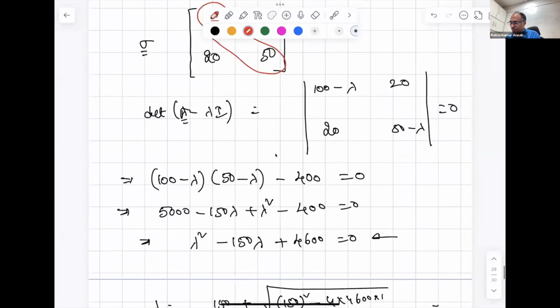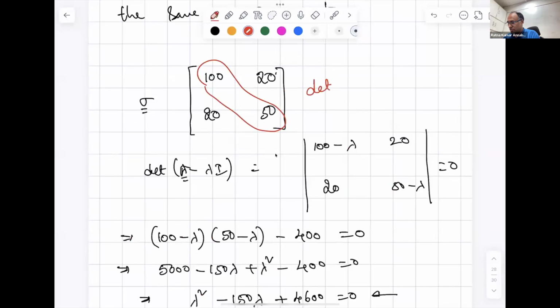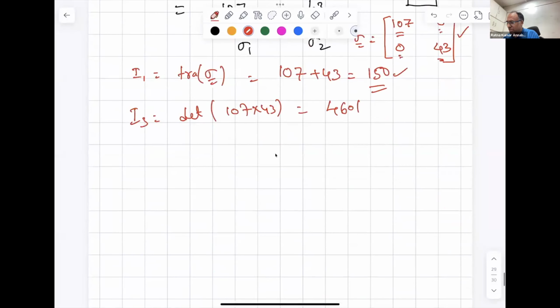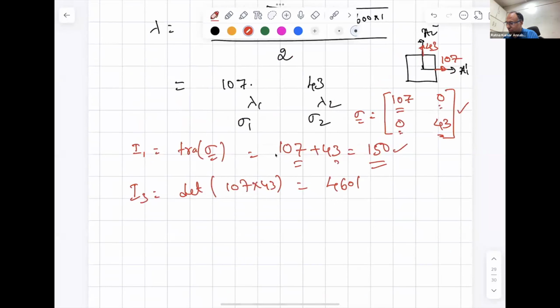And the previous one? 5000 minus 400, 4600. Yeah, the 01 is there because we have rounded off here. Otherwise, it would also be the same. If you had taken 107.02 and 42.98, then it would have come exactly 4600. Similarly, if you calculate I2, it will remain the same.